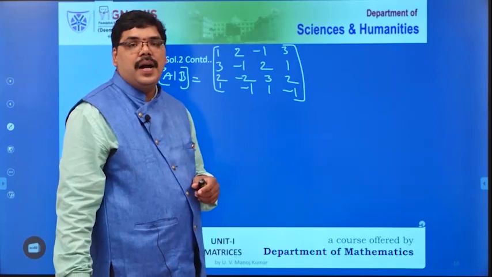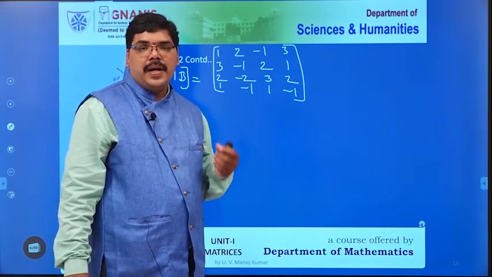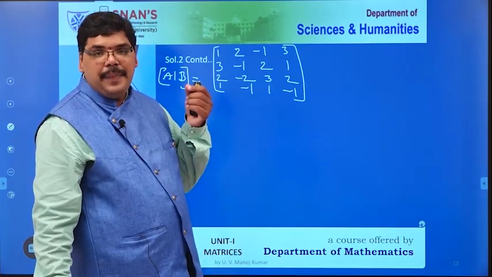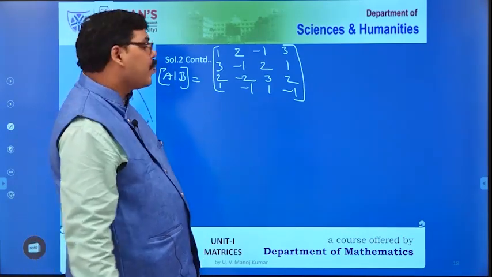This is your augmented matrix. Now we are reducing it into echelon form by using elementary row operations.